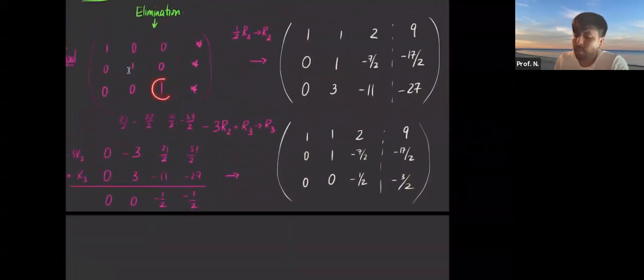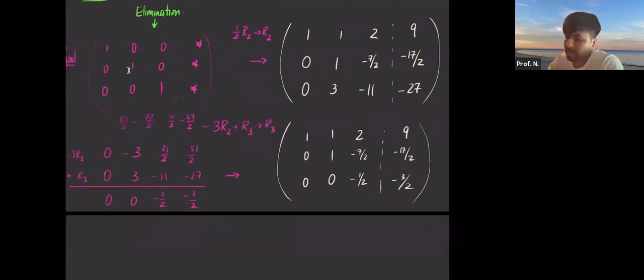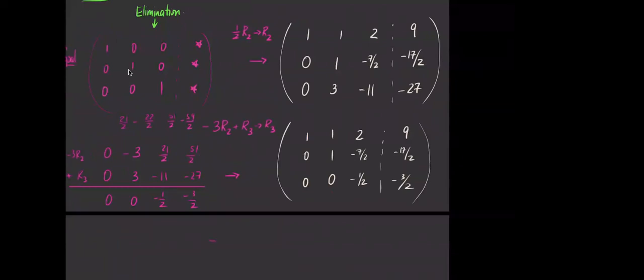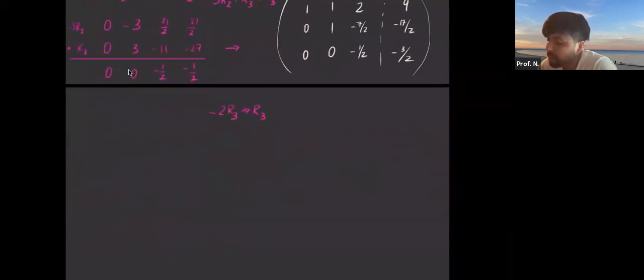Now I want to make this a 1. What do I have to apply to this last row to make this entry equal 1? Multiply by negative 2. So we multiply row 3 by negative 2 and make that our new row.